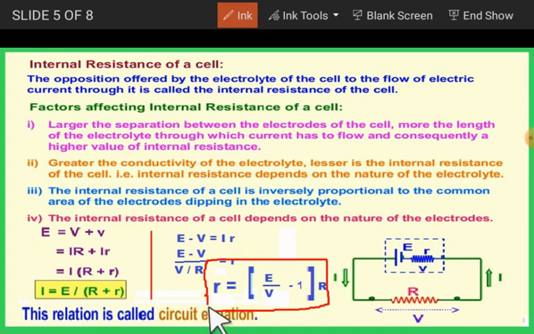So while using the potentiometer, this formula needs to be remembered: (E by V minus 1) whole into R. Got it? You can call this the circuit equation.